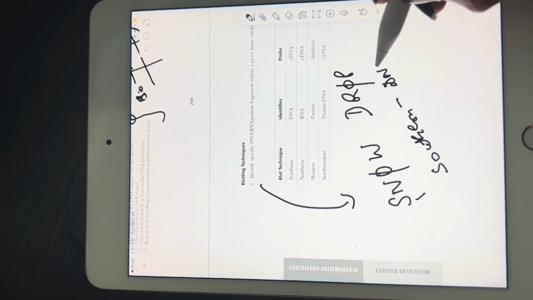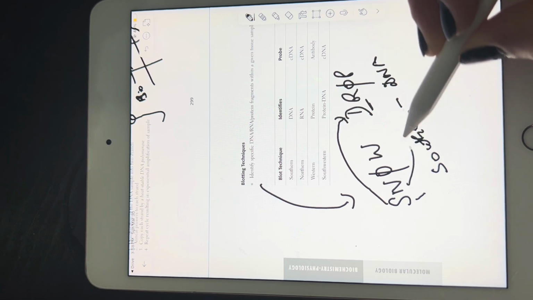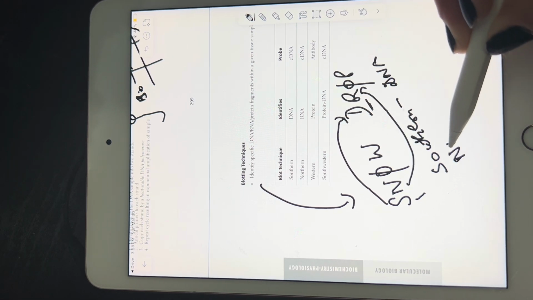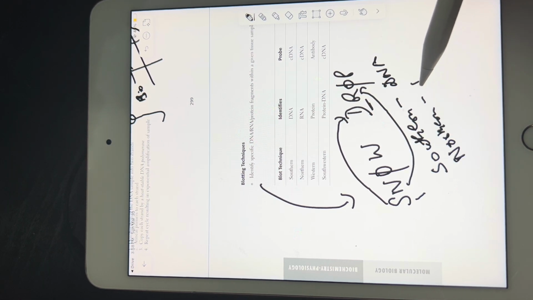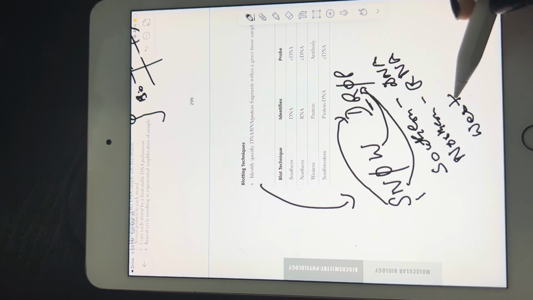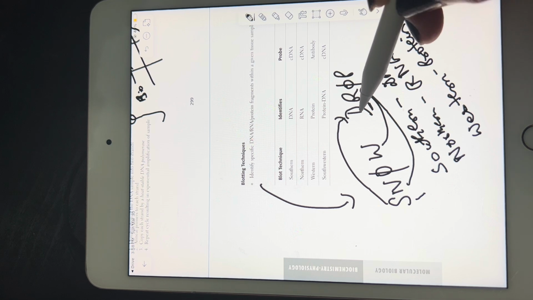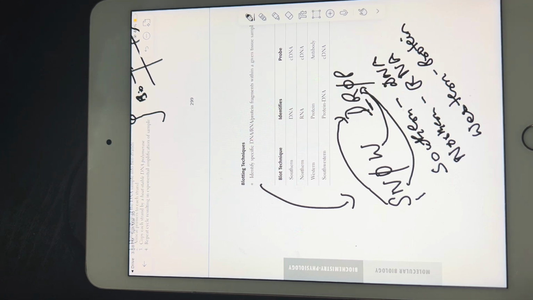Northern is for RNA, and for Western we do protein. This is more than enough to remember. Snowdrop. This acronym will help you to remember this.